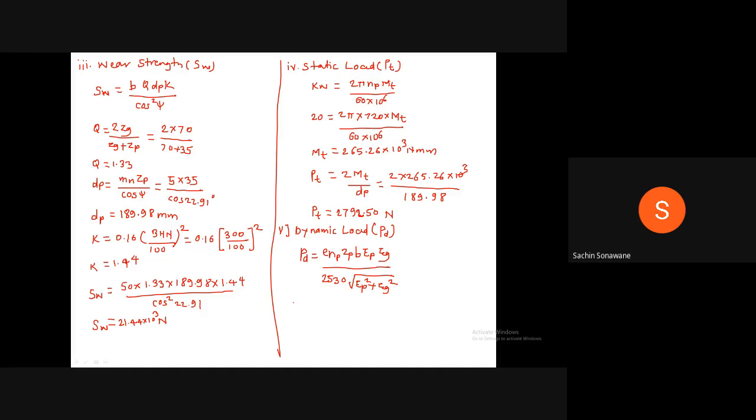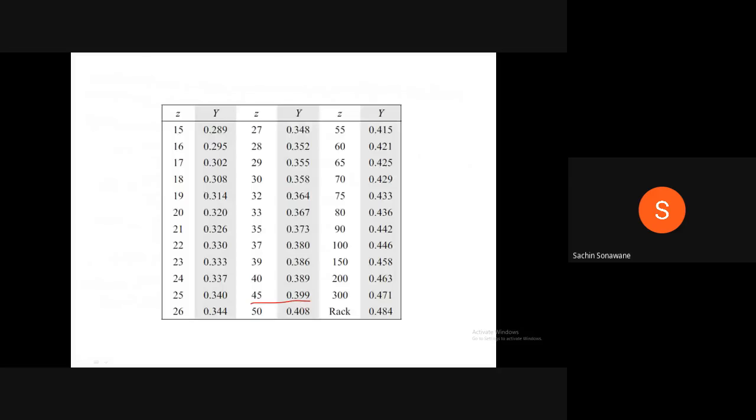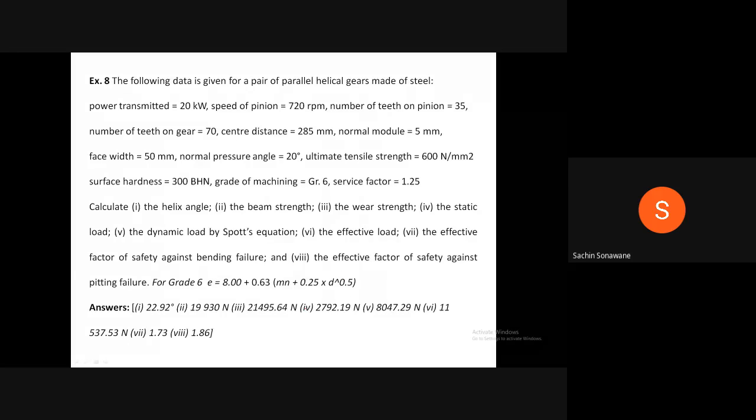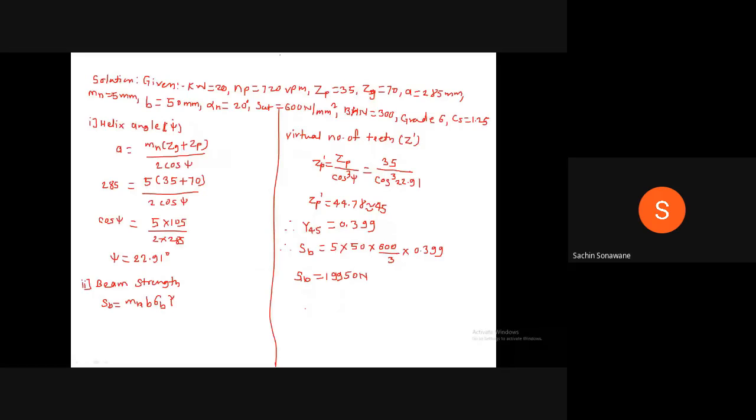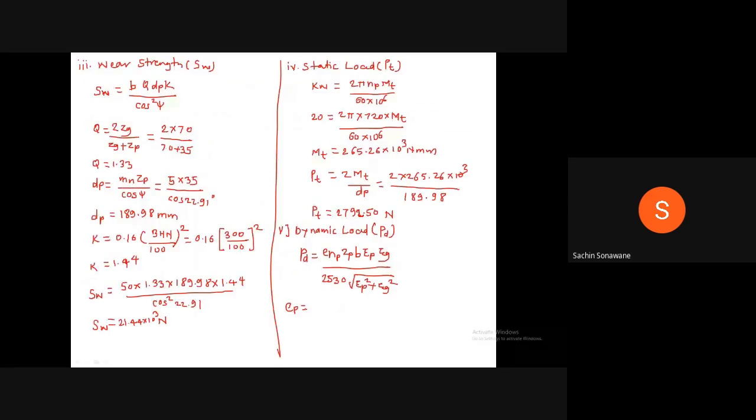Therefore, the error formula: ep is equal to 8 plus 0.63 into bracket mn plus 0.25 into root of dp.